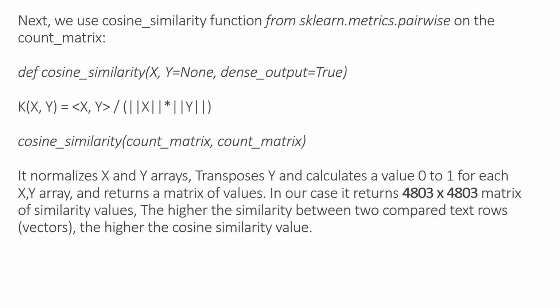This normalizes the x and y arrays, transposes y, and calculates a value 0 to 1 for each xy array, and it returns a matrix of values. In our case, it returns a 4,800 by 4,800 matrix of similarity values, and the higher the similarity between the two compared text rows of the vectors, the higher the cosine similarity value.